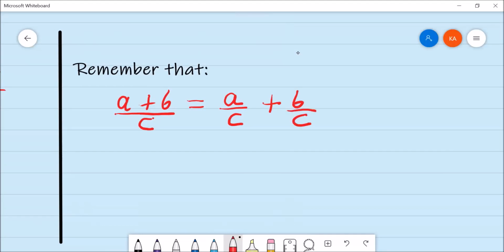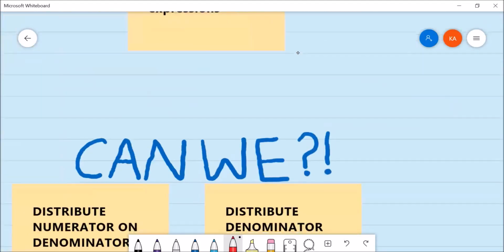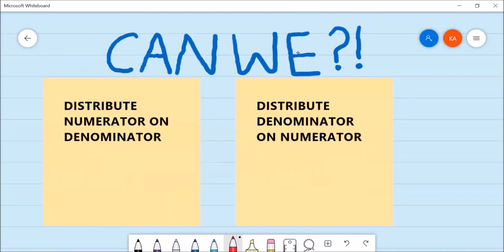But if it is c over (a + p), we can't write it like c over a plus c over p. So we can conclude the following.